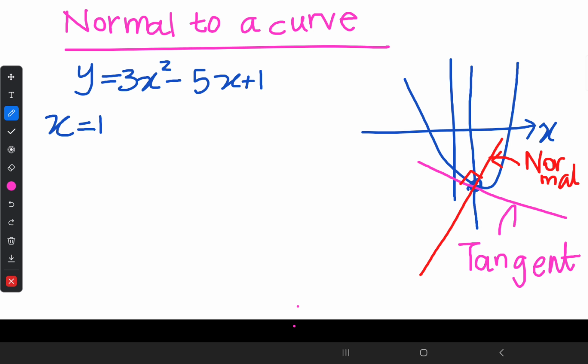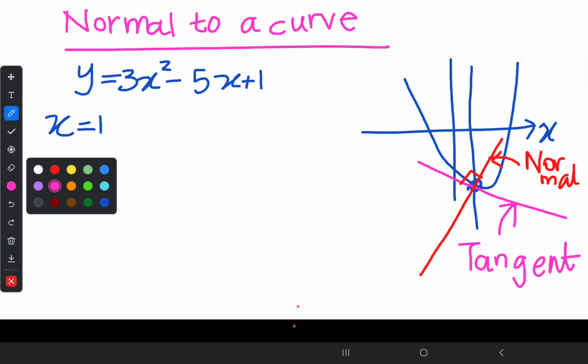When x equals 1, how to find the tangent, we know that one earlier. Now we are going to look at the next step, that is normal. Normal means the line which is perpendicular to the respective tangent of a given curve, or given parabola.